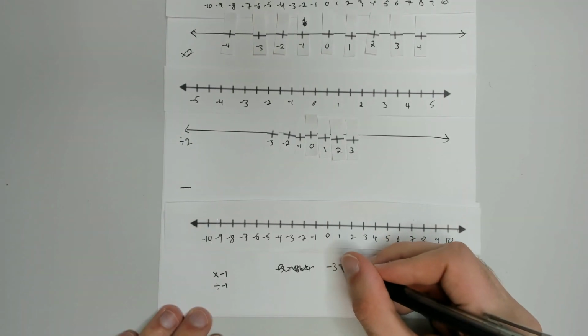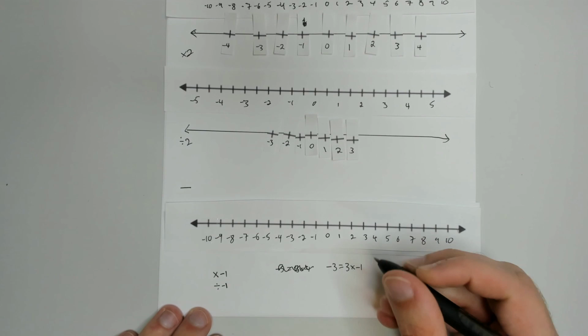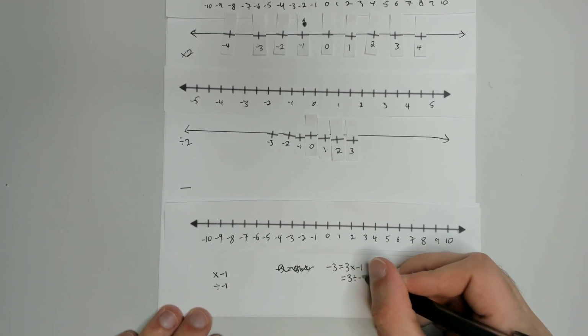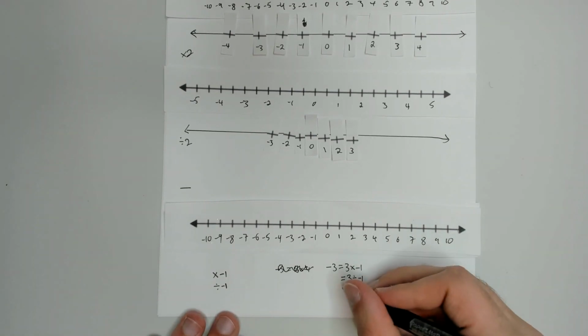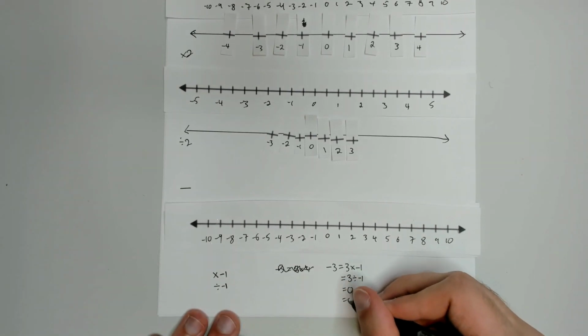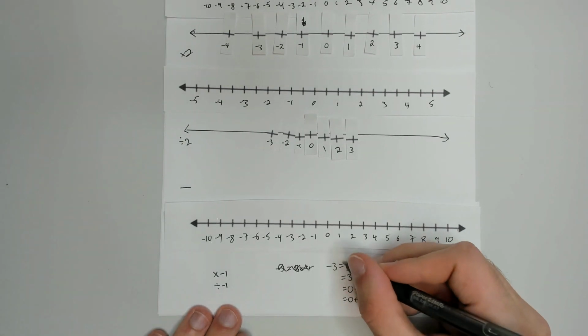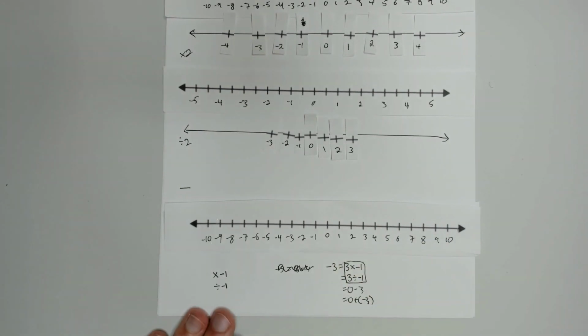For example, -3 was the same thing as 3 times -1, or it could also be the same thing as 3 divided by -1. We also saw some other perspectives like 0 minus 3 and 0 plus -3, but we're not going to be using those today. So let's just focus on these ones.